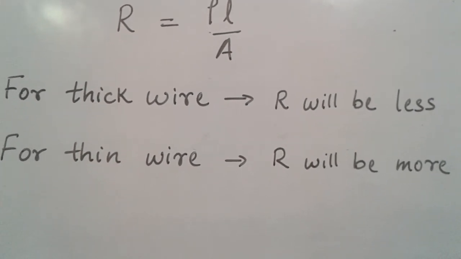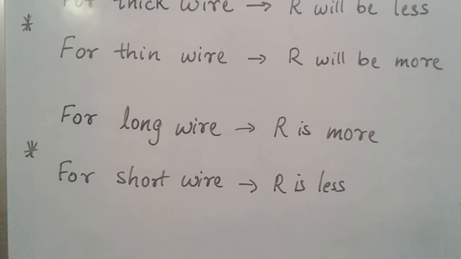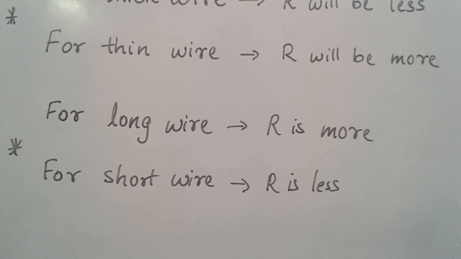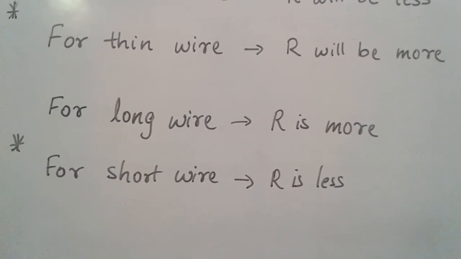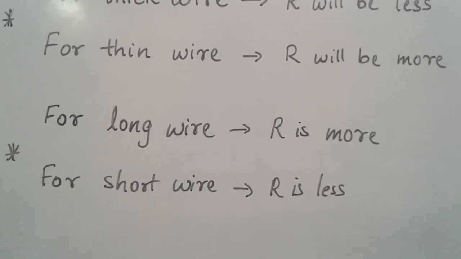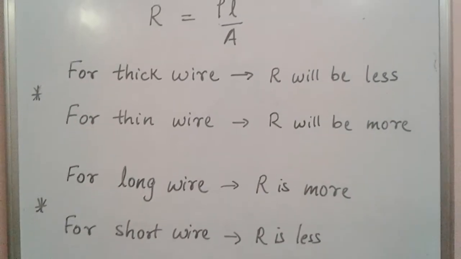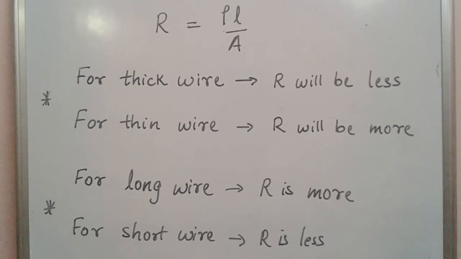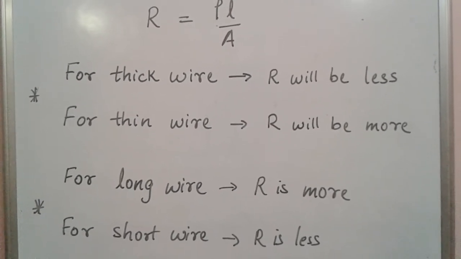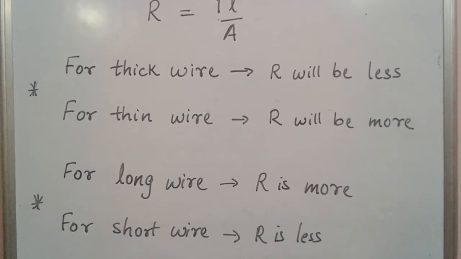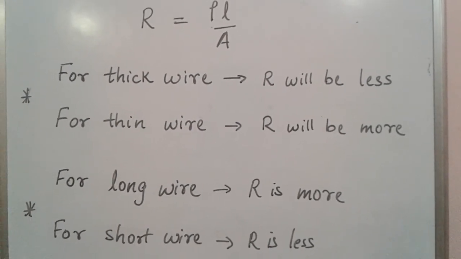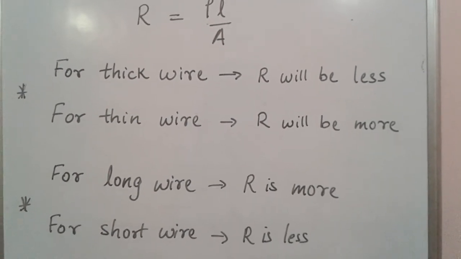Another important fact is that for a long wire R is more and for a short wire R is less. These facts are based on the formula R is equal to rho L by A, and these are the factors on which resistance depends.